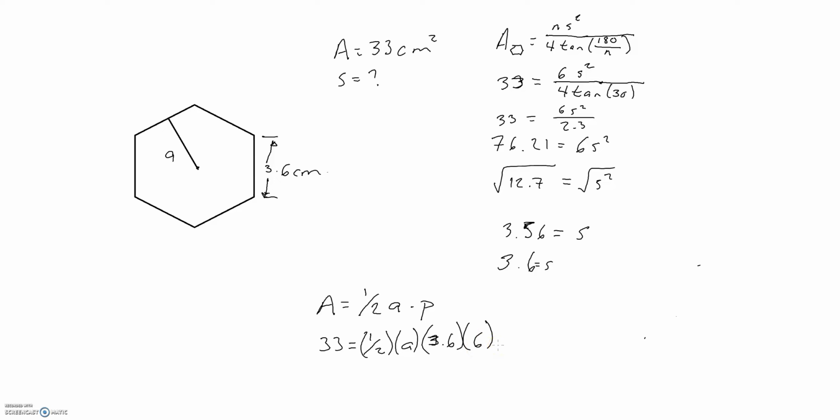We get 33 is equal to 10.8a, where a, our apothem, has to be equal to 33 divided by 10.8, 3.05, about 3.1.